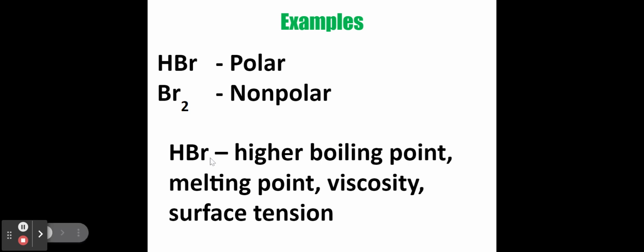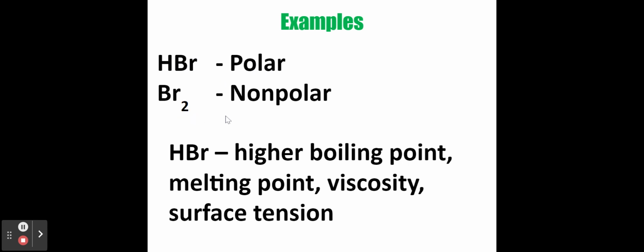So the other thing we can know is that HBr is going to have a higher boiling point because of the polarity of the molecule. Because remember, the polarity means that you have a positive and a negative, and that's going to be an attractive force holding the molecules together.